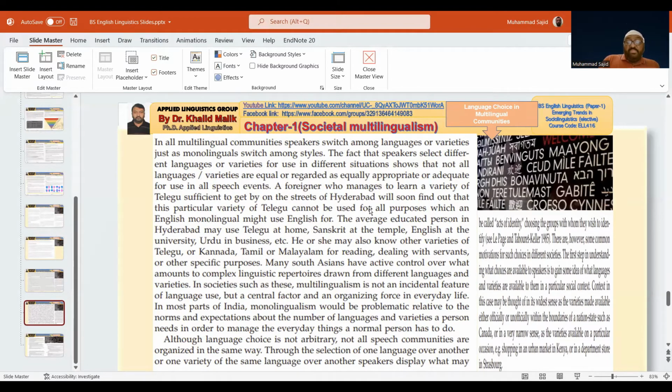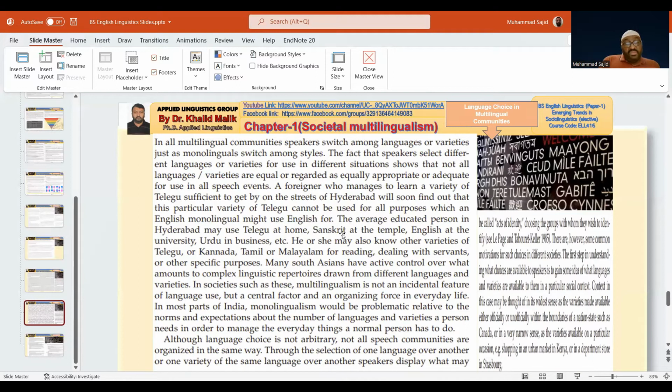A foreigner who manages to learn a variety of Telugu sufficient to get by on the streets of Hyderabad, India, will soon find out that this particular variety of Telugu cannot be used for all purposes for which an English monolingual might use English.